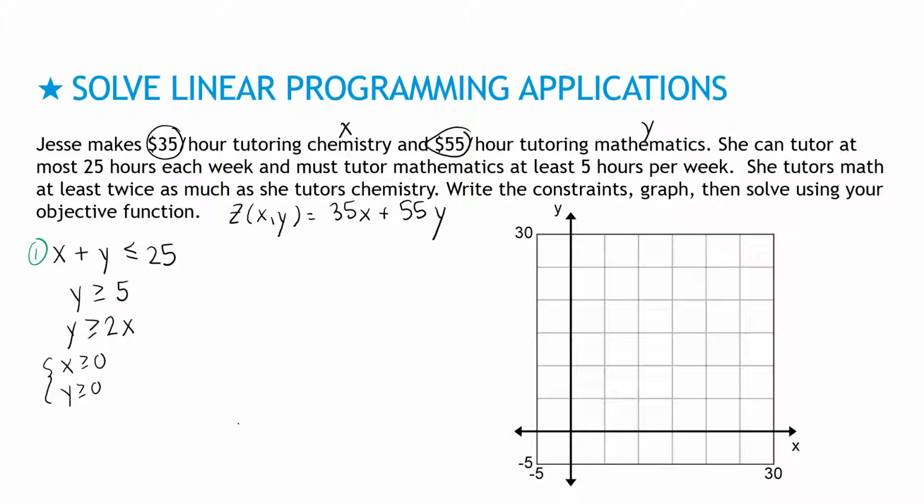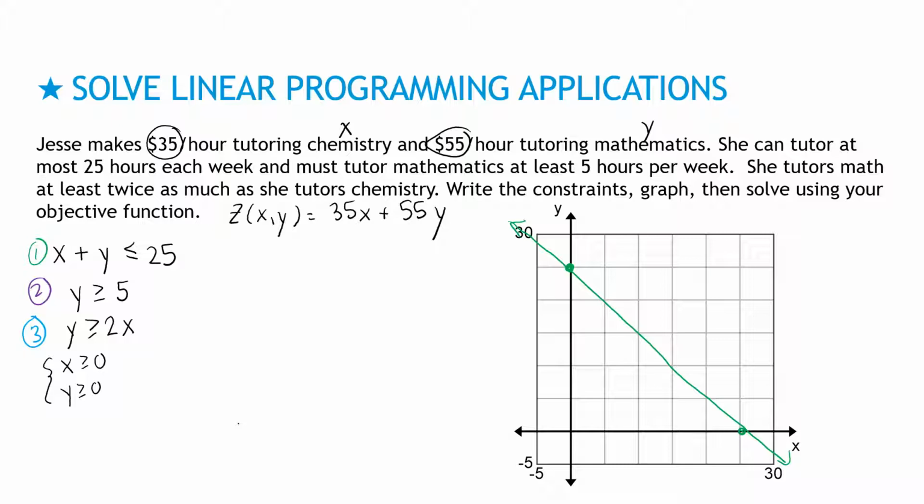1 and 2, whoops, different color, purple and blue. So green guy, X plus Y is less than or equal to 25. That one's easy to graph using that cover-up trick. And again, just wait to do the shading. 2, Y is greater than or equal to 5.